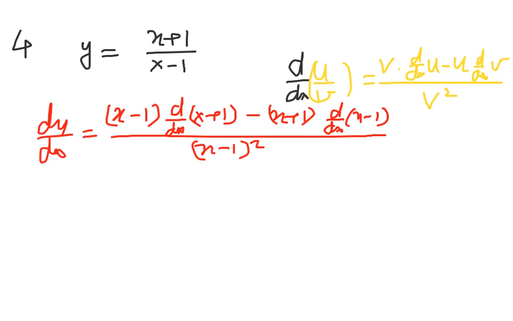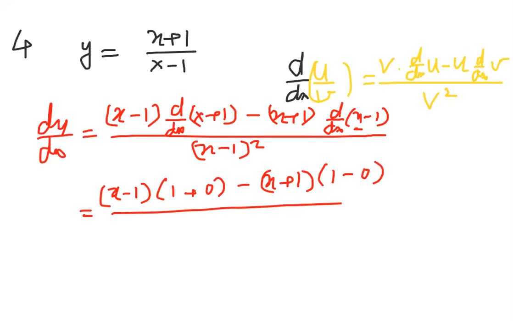It will be x minus 1, differentiation of x will be 1 and of 1 will be 0, minus x plus 1, differentiation of x will be 1 and of 1 will again be 0, upon x minus 1 whole square.